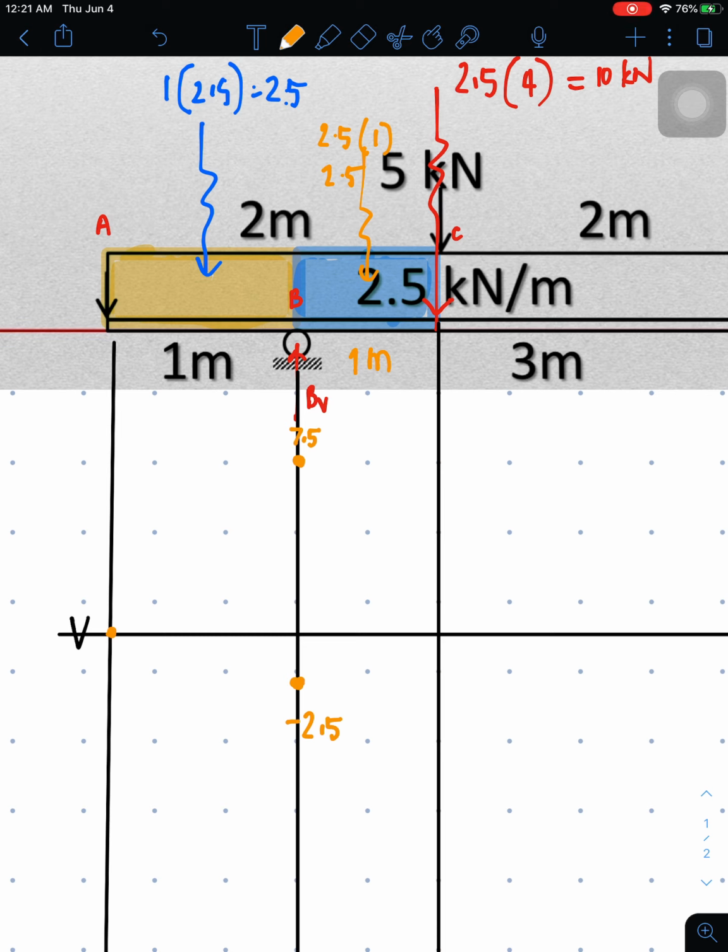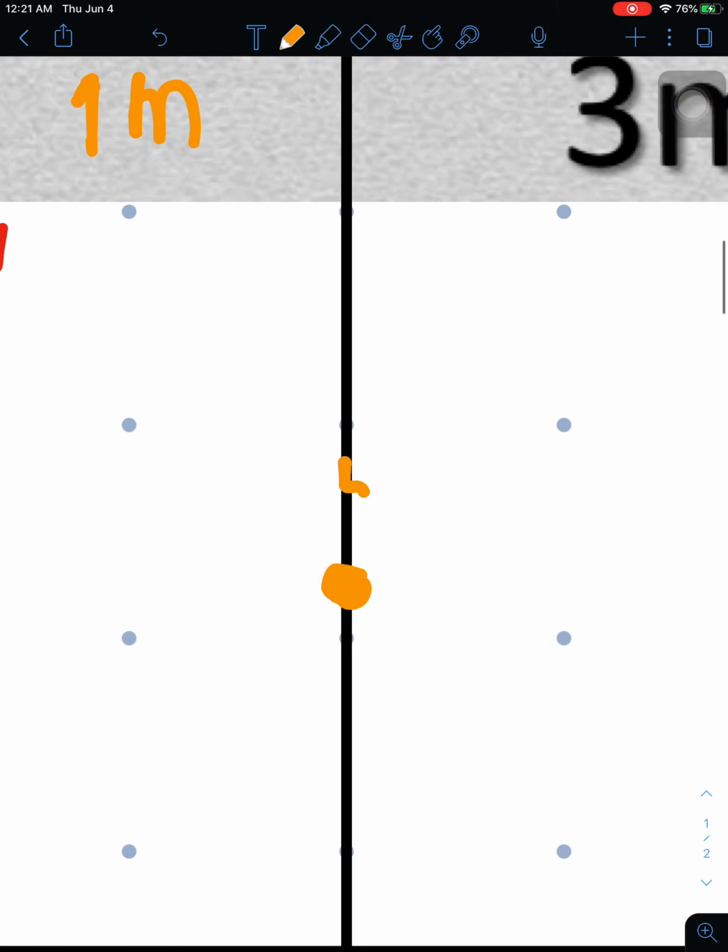So we're gonna subtract this 2.5 from 7.5. Why subtract 2.5? Because the direction is downward. So 7.5 minus 2.5 is 5. So drop down a line to 5. So this is 5.